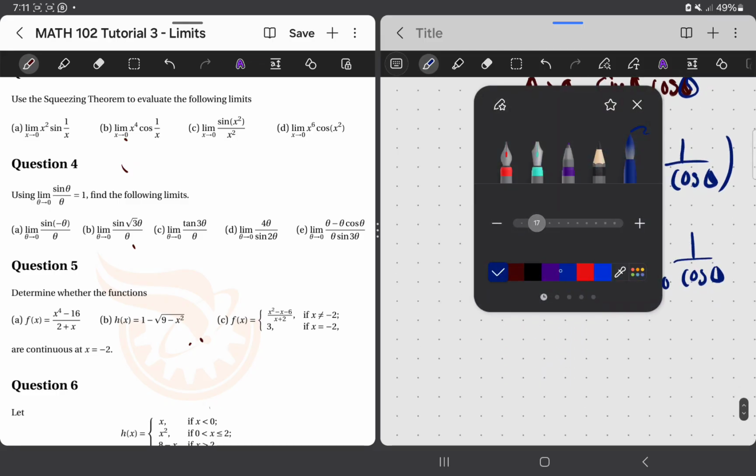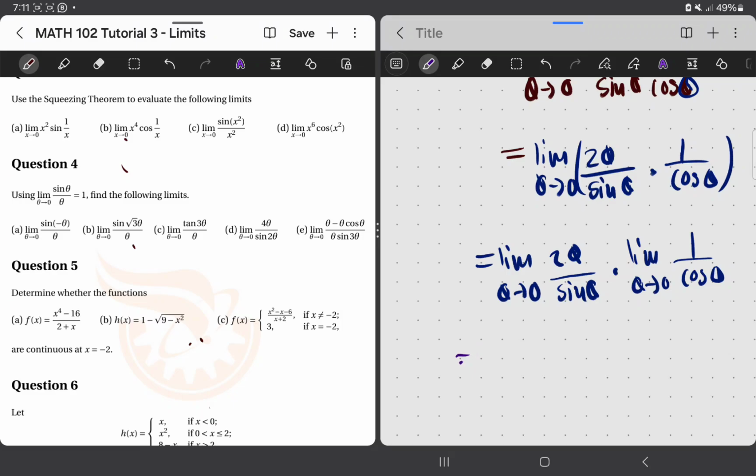Since they are multiplying, you can split them. We can take the limits individually. It's going to be 2 times the limit as theta goes to 0 of theta over sine theta times the limit as theta goes to 0 of 1 over cos theta.